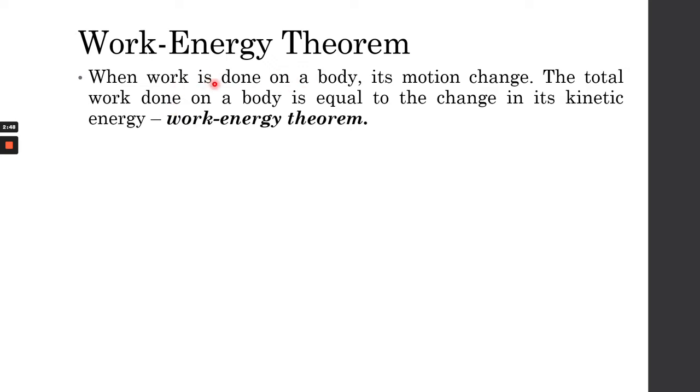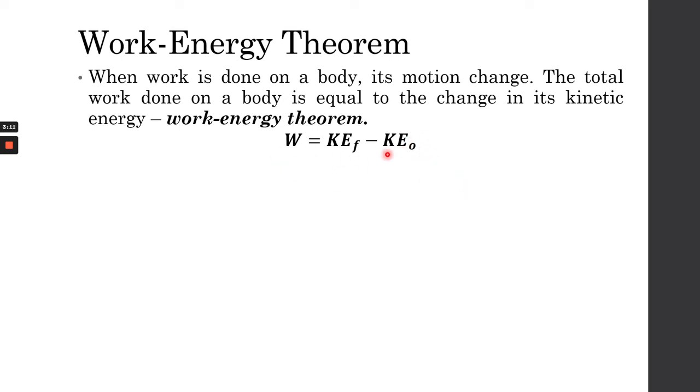So when work is done on a body, it changes its motion. Therefore, there is a change in the kinetic energy. That's how the relationship between work and energy works. And we have an equation for that. Work is equal to the final kinetic energy of the system minus its initial kinetic energy.